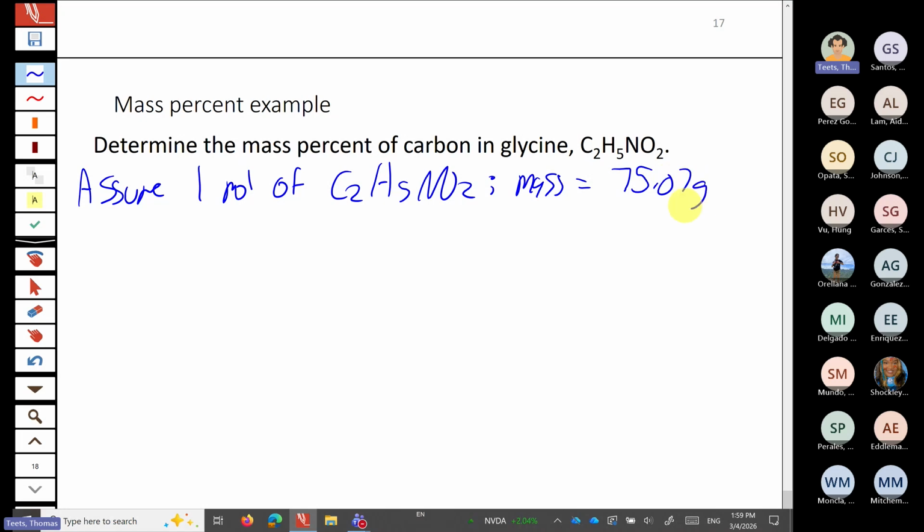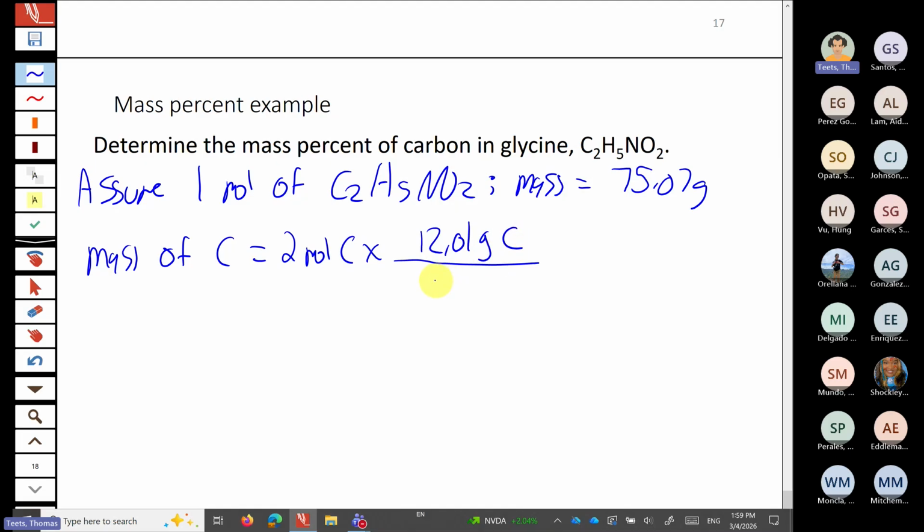Okay. So that's the mass of 1 mole. How much carbon is in that 1 mole of compound? Well, in the chemical formula, we have 2 moles of carbon, a subscript of 2. The atomic mass for carbon, as we gave earlier, I don't want to flip back and forth too many times, is 12.01 for carbon straight off the periodic table.